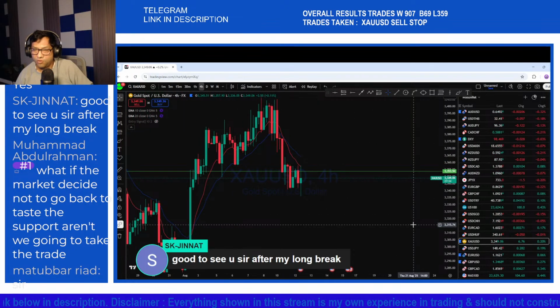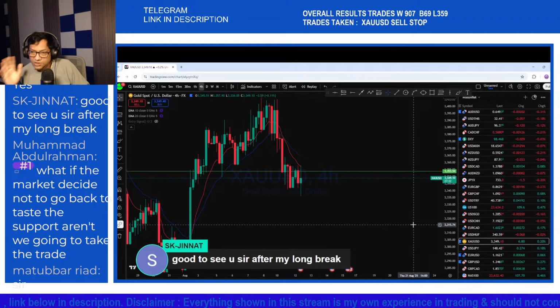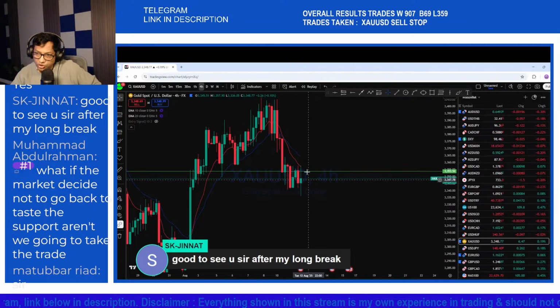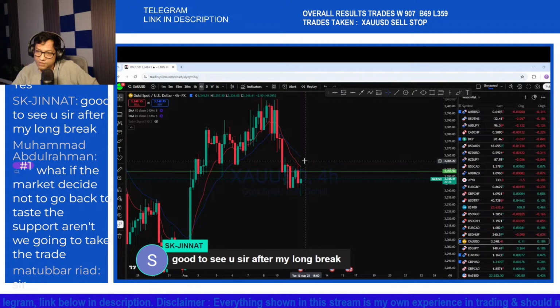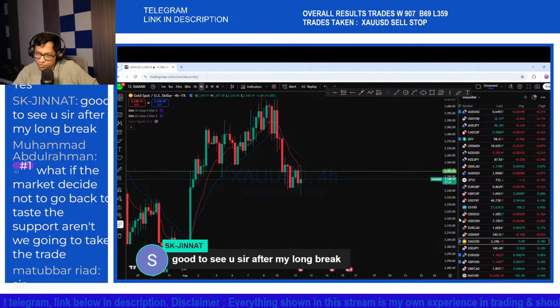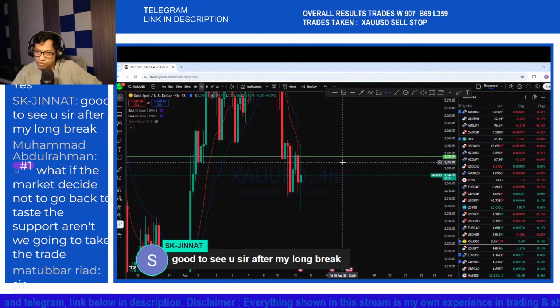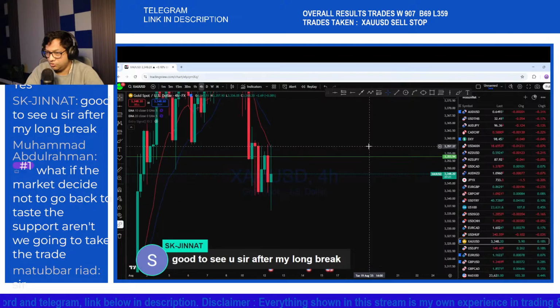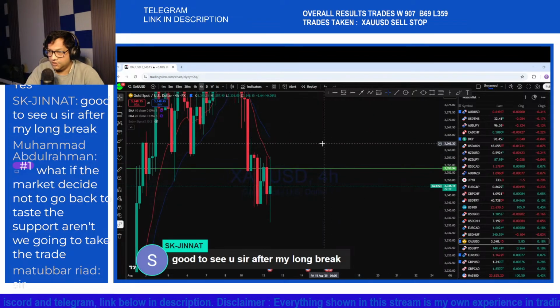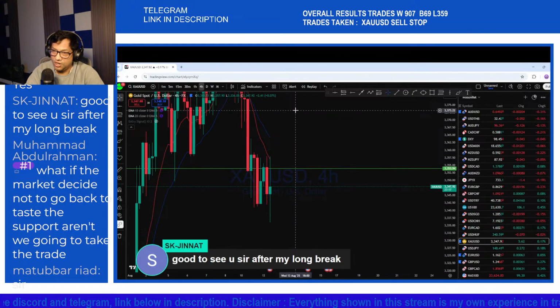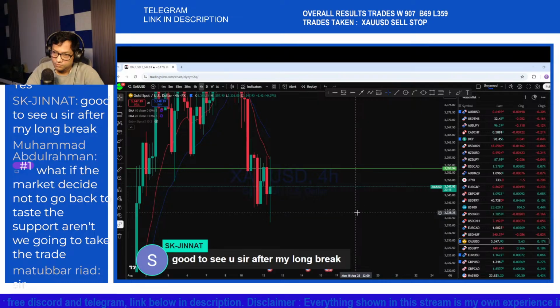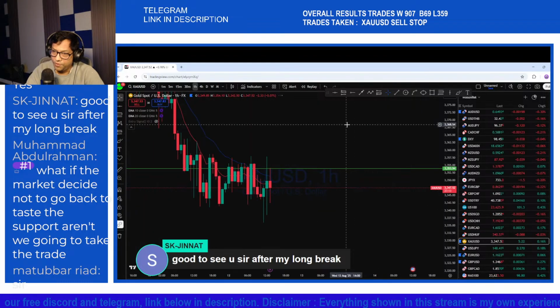There is a 4-hour candle close coming. If this 4-hour candle closes as a doji, most likely we'll see the price return again back below. How the candle closes is quite important, because that's what will determine whether this market will continue to rise or drop again.